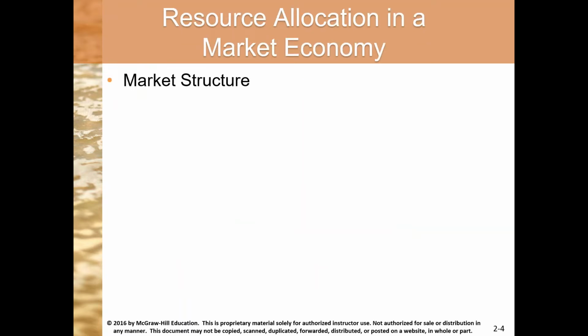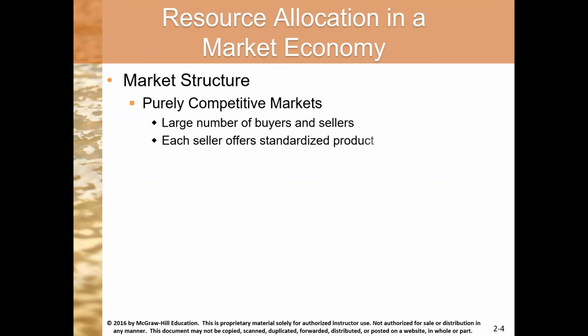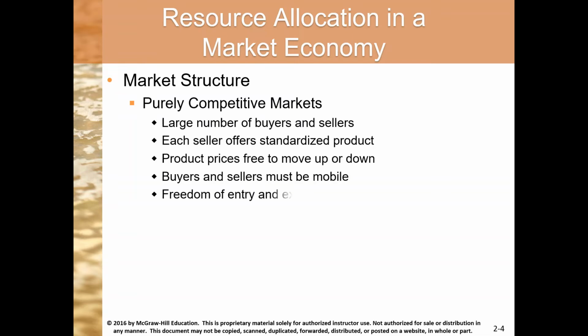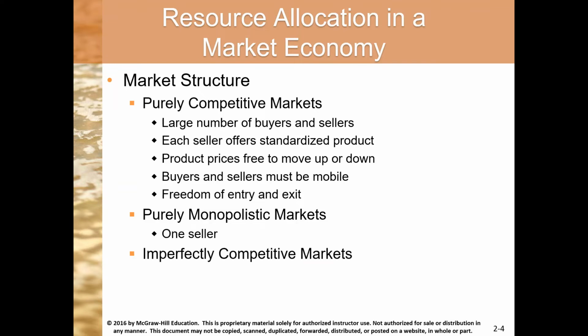The resource allocation: resources are allocated in different types of market structures. We have four types of market structure. Number one is a pure competitive market, and number four is a purely monopolistic market.